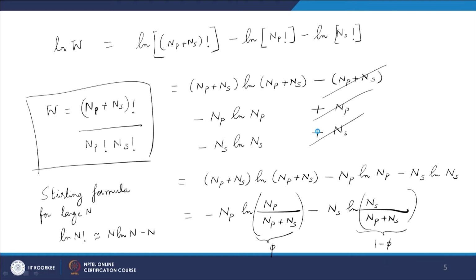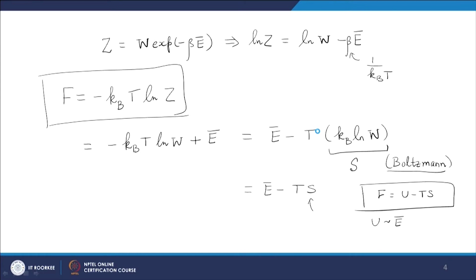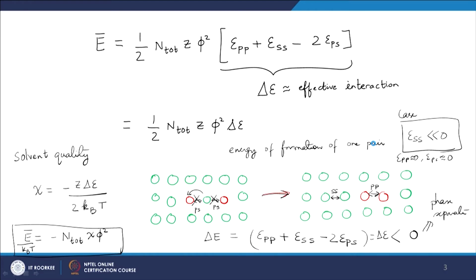Now, I will go back here, put the expression of ln W here. So, it is E bar − kBT ln W, and E bar we have already obtained right here, −n_tot chi phi squared multiplied by kBT.